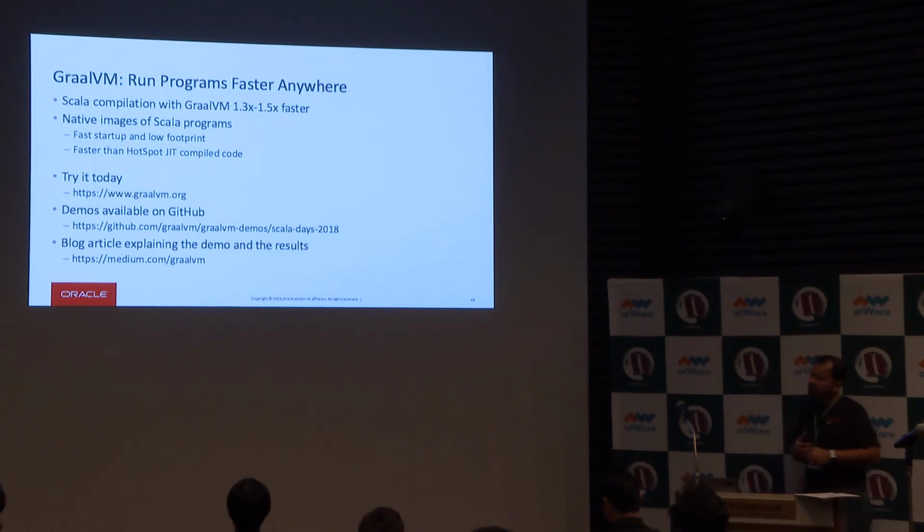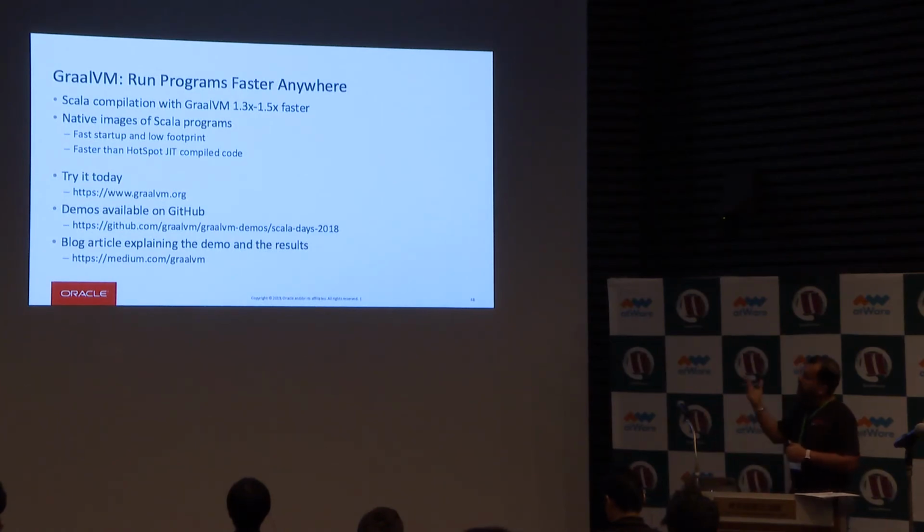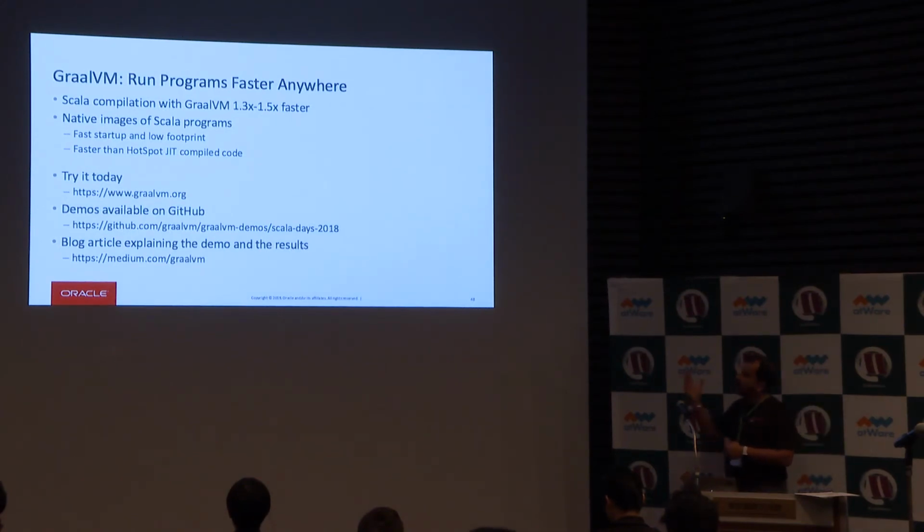As a summary, with the compilation, you get that 30-35% in speed and things like that. Native images of Scala programs are fast to start up and have a low memory footprint. And also it's faster than your HotSpot JIT compiler, which is the traditional C1, C2 architecture. We encourage you to go and try it today.